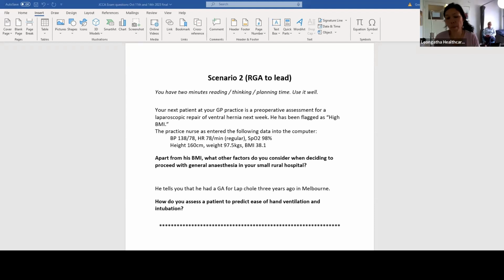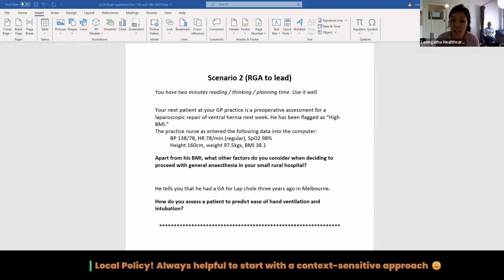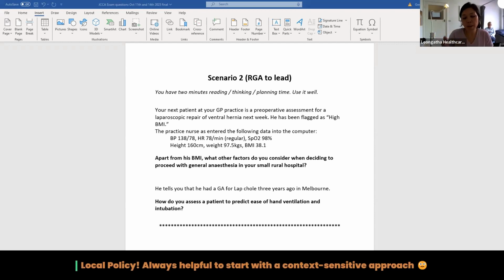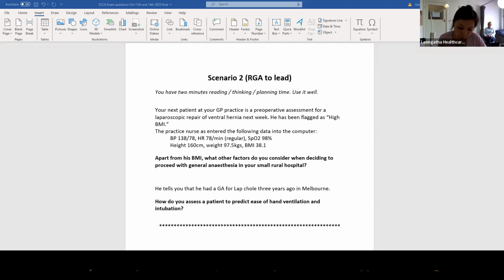Well, I think all local hospitals would have some sort of policies or guidelines about our scope of practice. So I would be referring to that when deciding for this patient. And if it wasn't clear with the guidelines, with the policies, I would also be speaking to my GP anaesthetist colleagues and the hospital executive to help me make that decision.